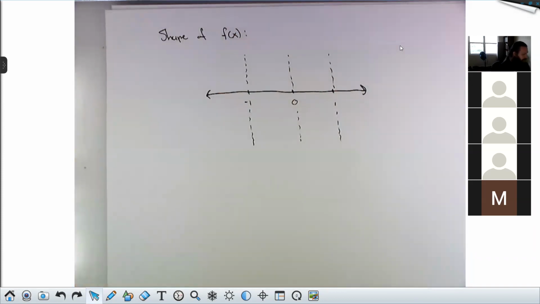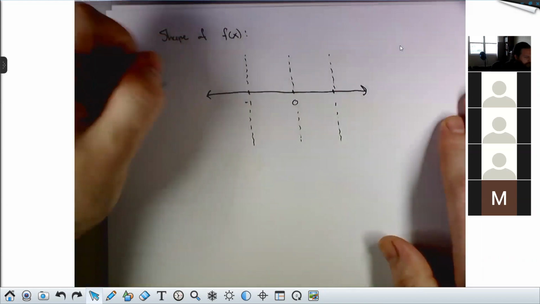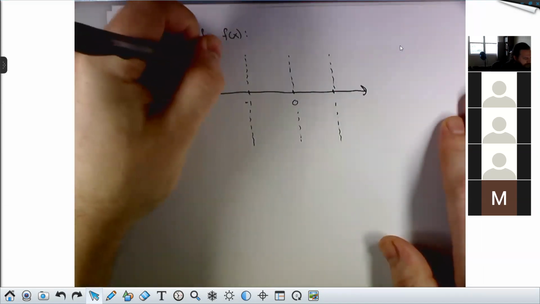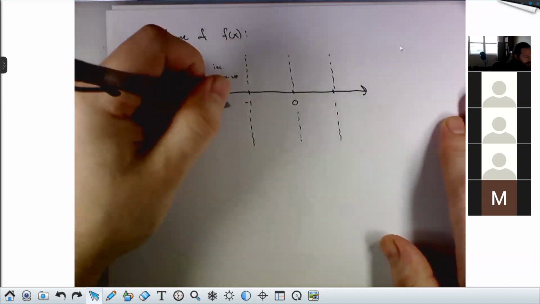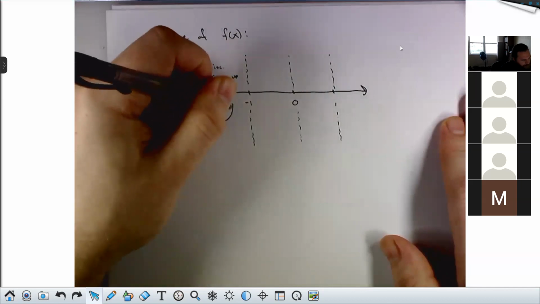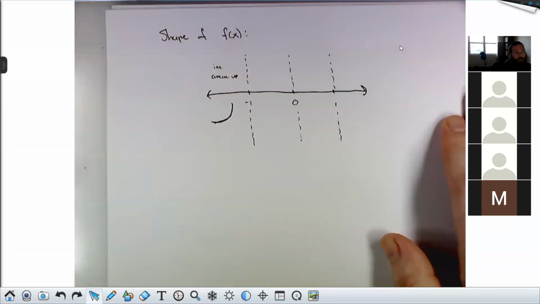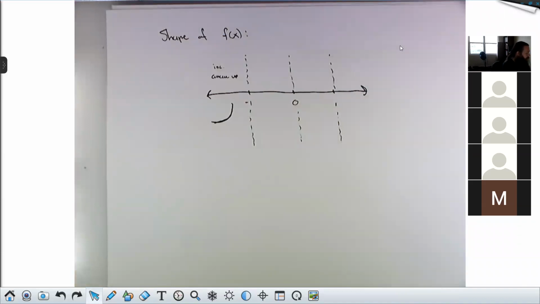From negative infinity to negative 1, I was increasing and concave up. So that means that looks like this, right? Remember those graph shapes? Increasing, concave up. From negative 1 to 0, I was, let's see, increasing, concave down.